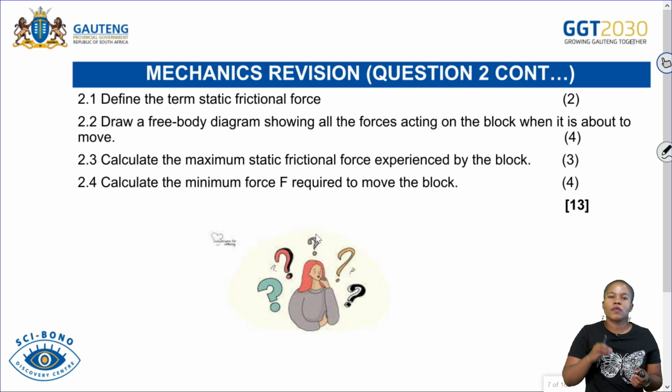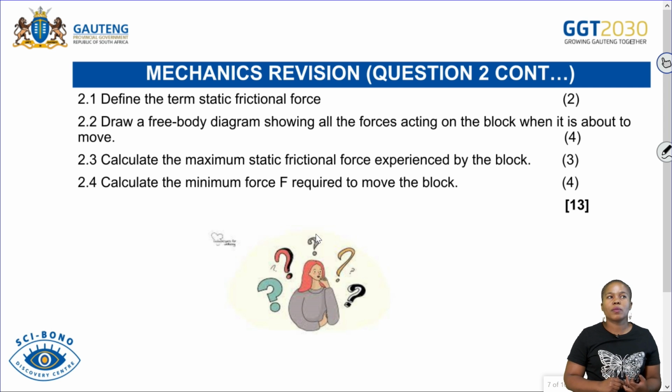All the forces acting on this object need to be drawn away from the dot, so your arrows should be pointing away from the dot, not towards the dot. Draw the free body diagram showing all the forces acting on the block when it is about to move.